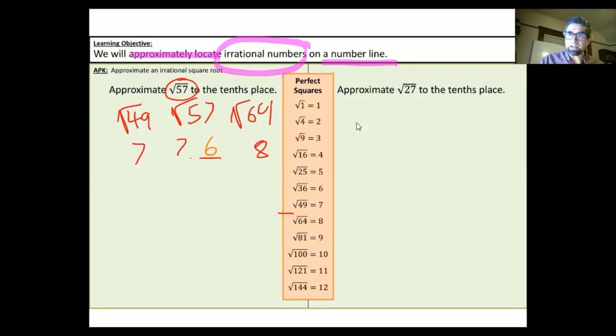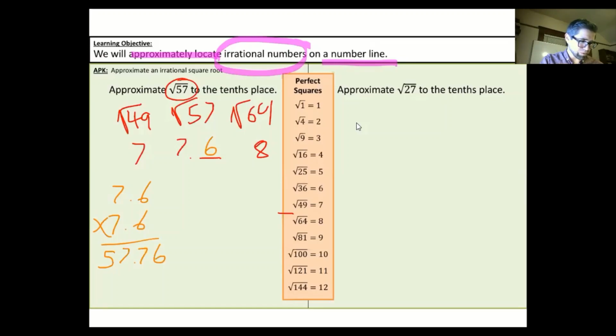Well, then I would need to check my first estimation, and I would do 7.6 times 7.6, or 7.6 squared. That will give me 57.76. Okay, well, that is pretty close, but I'm over 57, and that's okay, but we want to always have at least one guess above and one guess below the square root we're trying to approximate.